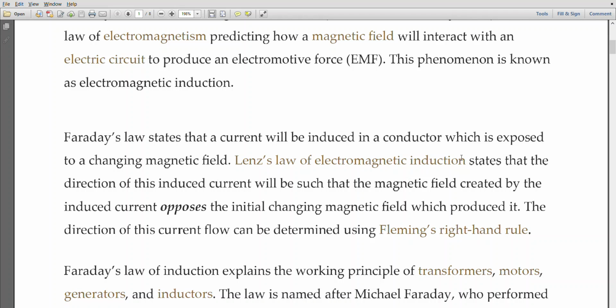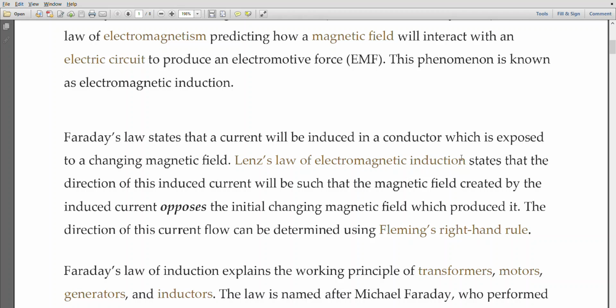Then comes another very closely related law in electromagnetic induction, that is Lenz's law, which states the direction of the induced current. So now there is a change in the magnetic flux lines, and because of that there is a current induced in the coil based on Faraday's law.